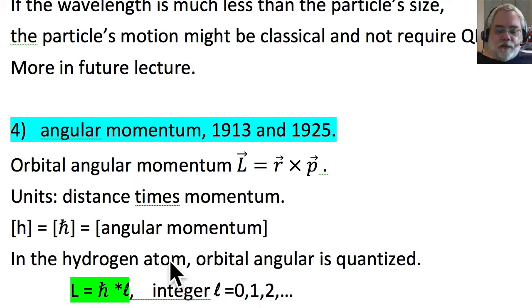But in the real actual hydrogen atom that we would get from Schrödinger equation, the value L equals 0 is also allowed. So in that case, there would be 0 orbital angular momentum. So orbital angular momentum is quantized in the real hydrogen atom. It is an integer times h bar. That has the right units for angular momentum.